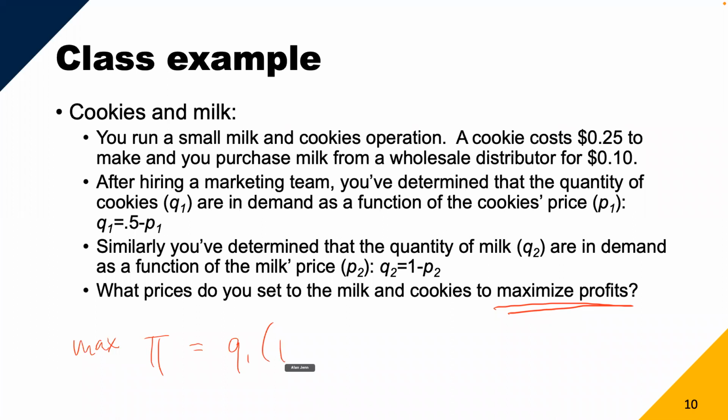Q1 times P1 minus 0.25. That's for cookies, and then we'll do it for milk. Yeah, so that's right. It'd be Q2 times P2 minus 0.1. Q1 is the number of cookies and Q2 is the number of milk.